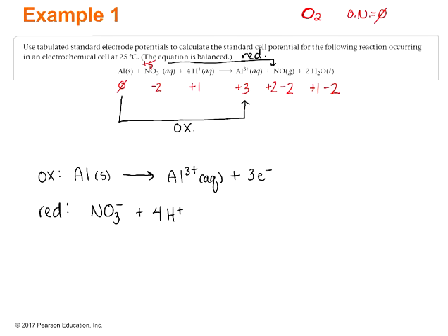So that is part of this half reaction here. And then I'm going to leave a little space for the number of electrons because we still need to figure out how many electrons are gained. And then we end up with NO plus 2H2O. Okay, and then I'm going to put the states in.